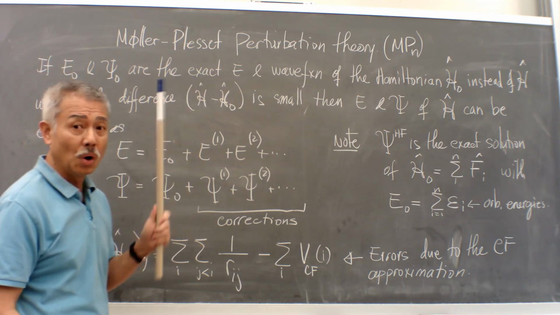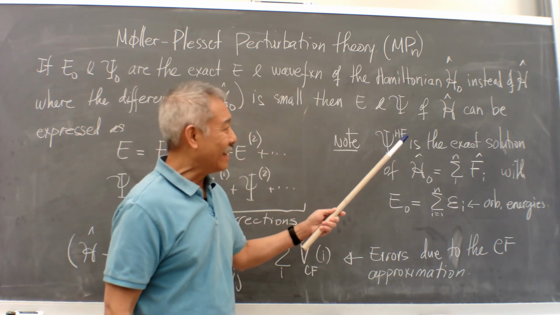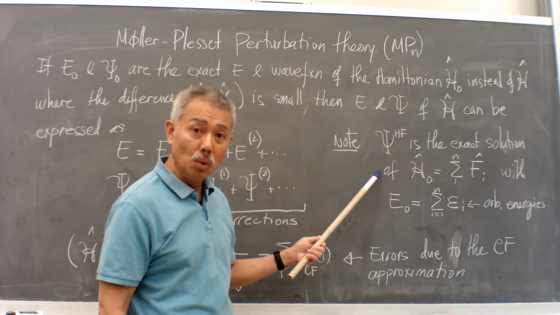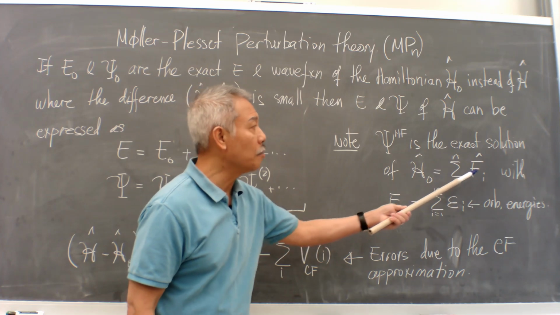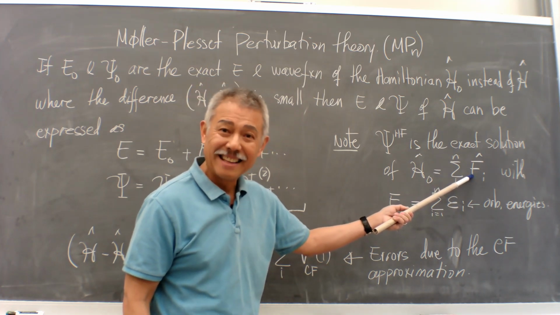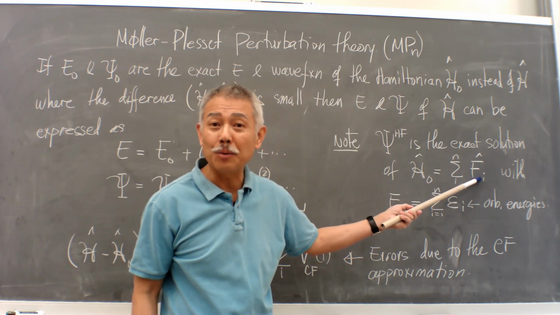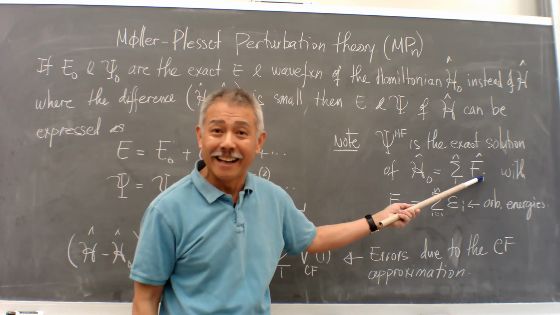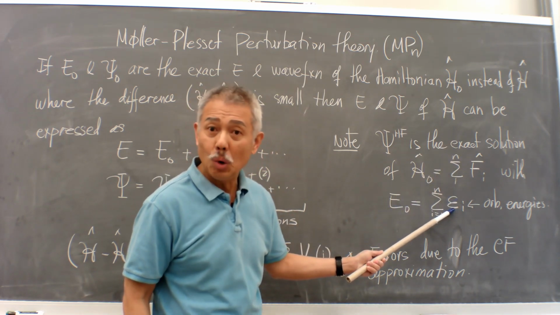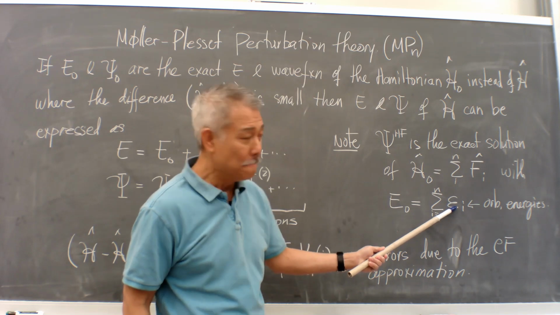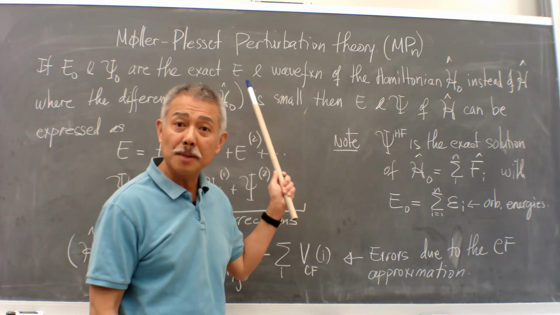So, let's get back to it. The Hartree-Fock wave function is actually the exact solution of this approximate Hamiltonian, which is the sum of the Fock operators. Remember the one-electron operators that we just mentioned, a single stick, with the energy as the sum of the orbital energies. That fits right into the perturbation theory.